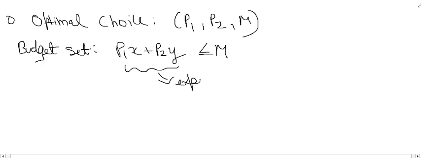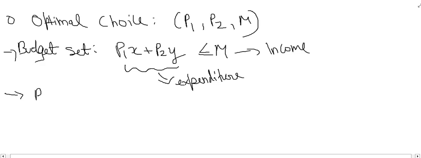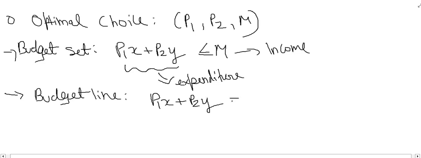This is the expenditure side, this is the income. And what is the budget line? The budget line would make this an equality, P1x plus P2y equals M. Let's draw it.